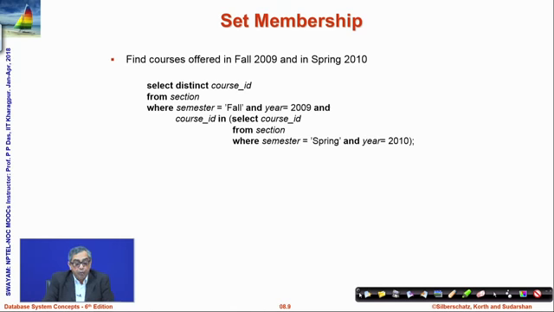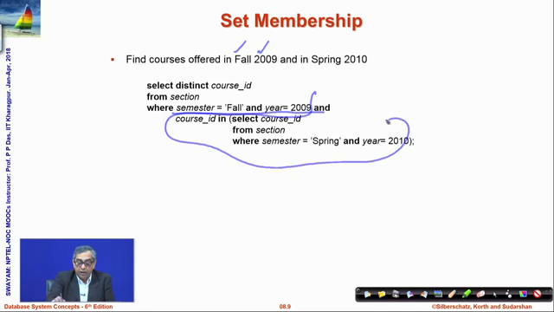Now, let us see how I find courses that are offered in fall 2009 and in spring 2010. The first part, the courses offered in fall 2009, is coded in part of the where clause predicate, where the semester has to be fall and year is 2009. So, this part is done. If this were all, then this would only give me courses which were offered in fall 2009.